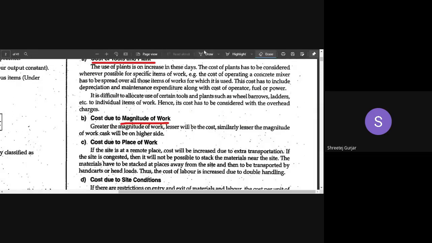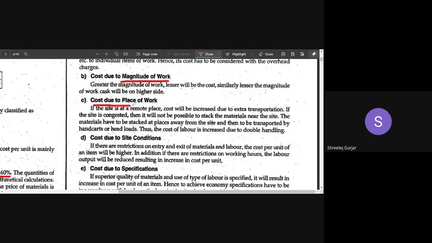Next thing, cost due to place of work. How can you justify this particular point? What will vary depending upon the place of work? Transportation, correct. Okay, I'll give you a scenario. Suppose you are building in an urban area, and you are building the same house in a very remote area, or in a village area.